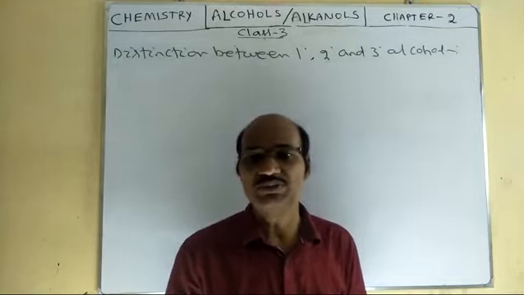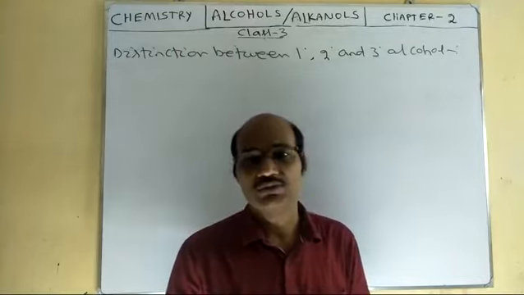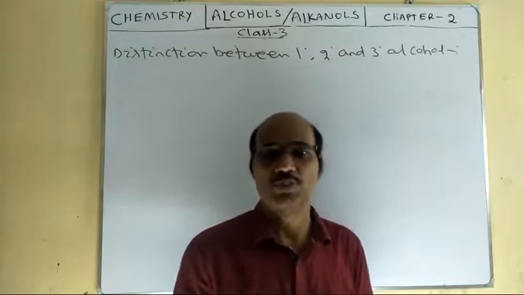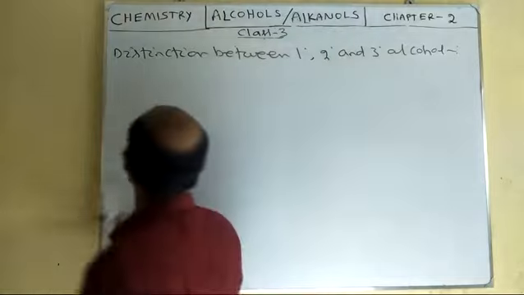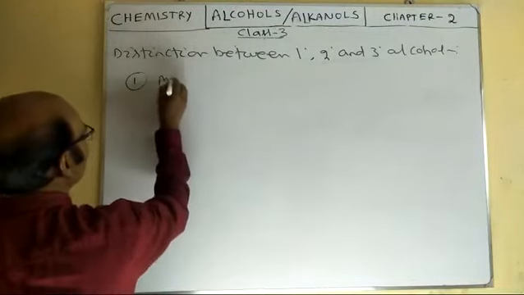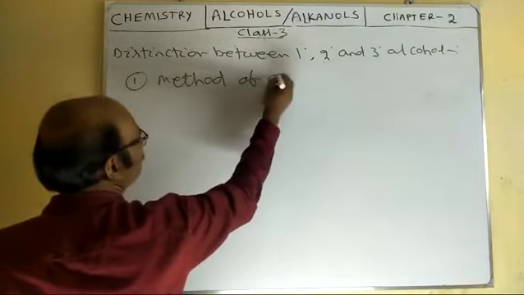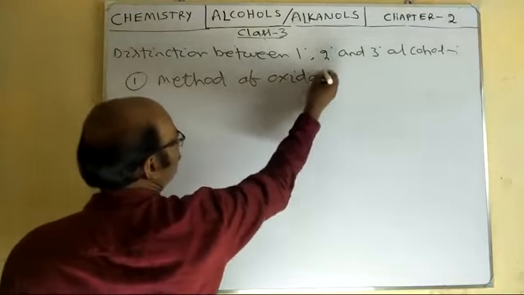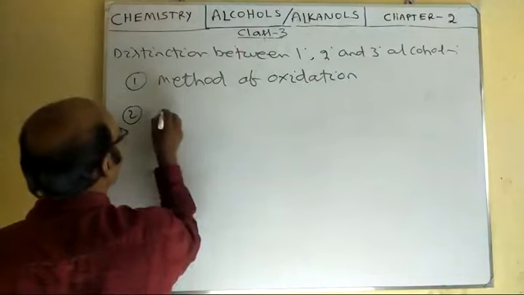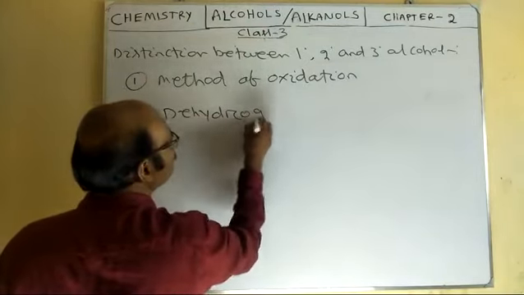Also we can distinguish between primary, secondary and tertiary alcohol by the method of dehydrogenation, that is heating with copper. Okay, so we have number 1, method of oxidation. Number 2, dehydrogenation.